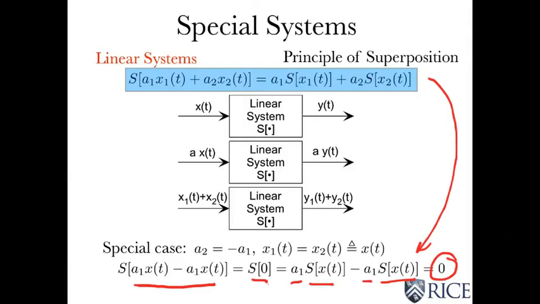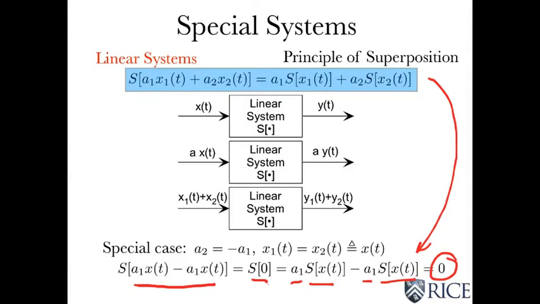What you get out is 0. Any system which doesn't obey that rule cannot be linear. So if you stick in 0 and the output is 1, that system is not linear. It's sort of a very simple test, but it's not what's called sufficient. It's a necessary property, but not sufficient.